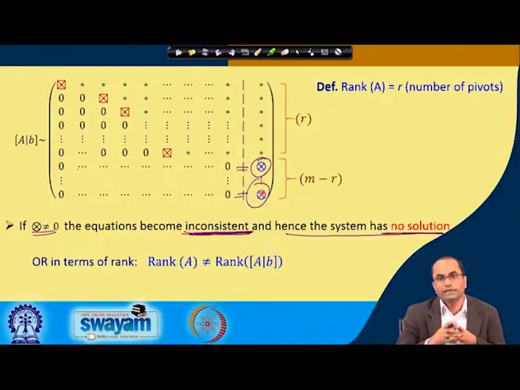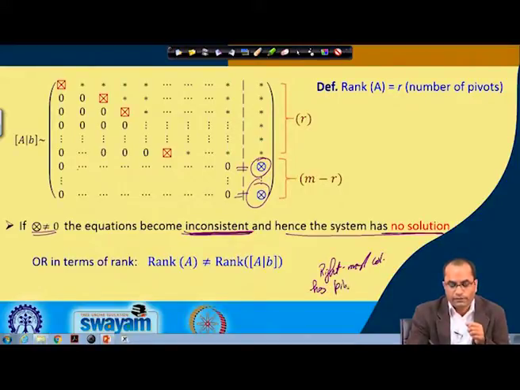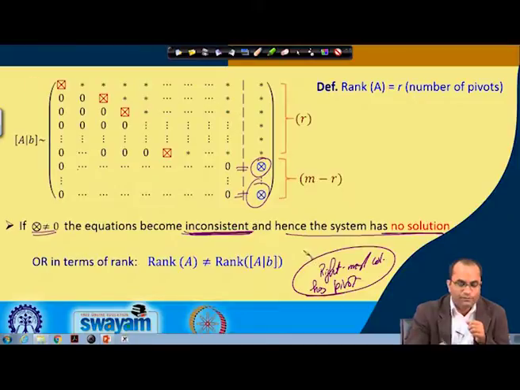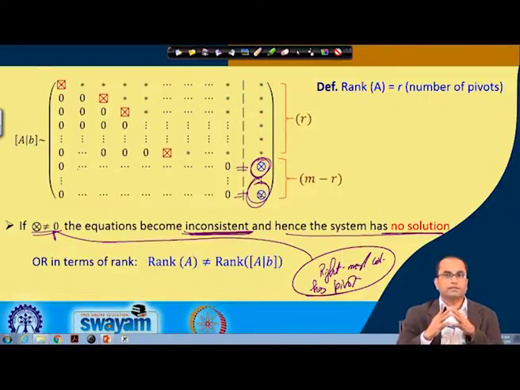So, in many ways we can discuss this. One was already here: because this is not equal to 0, the system is inconsistent. Or we say the rightmost column has a pivot element, and this happens exactly when one of these numbers is non-zero.